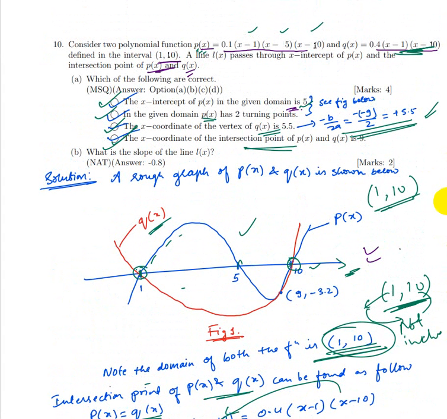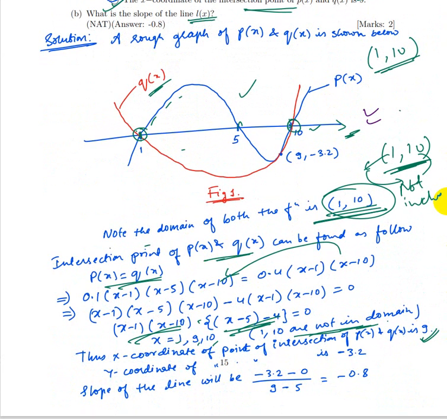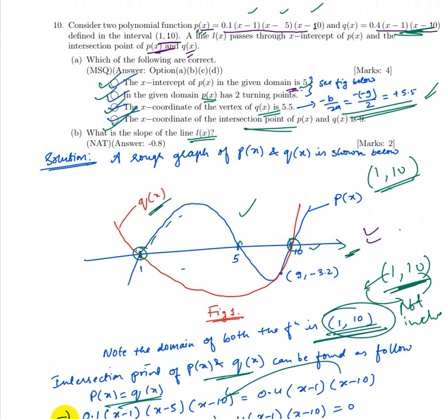What is the slope of line L(x)? In order to find the slope, we have found the x-coordinate, so it's very easy now to find the y coordinate, which is -3.2. The slope will be found by y2 minus y1 upon x2 minus x1.